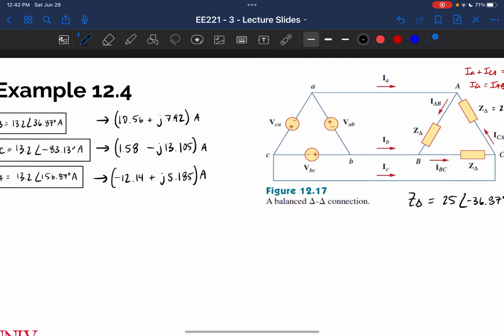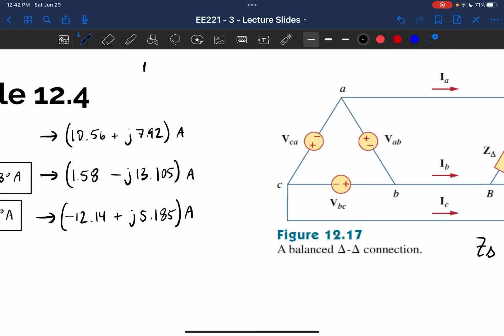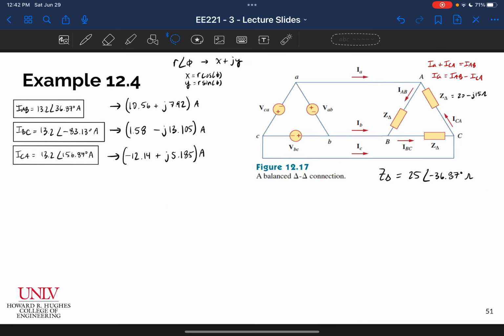If you don't remember, hopefully you do, if we have something in the form of a phasor, we can put it into x plus jy form by finding x equal to r cosine of phi, and y equal to r sine of phi. And that's all I did for obtaining the rectangular form of these phasors, right?